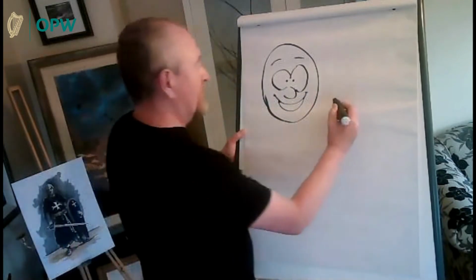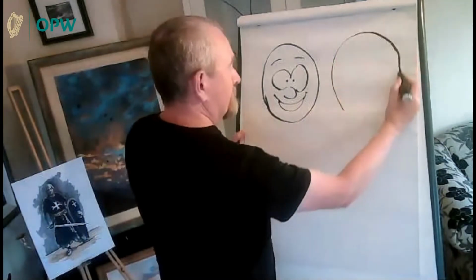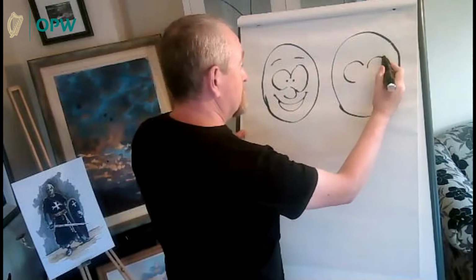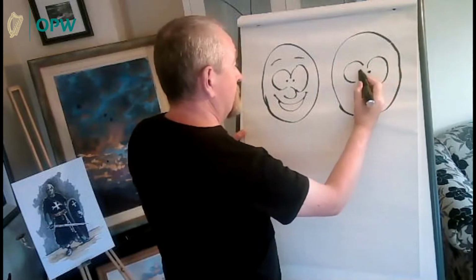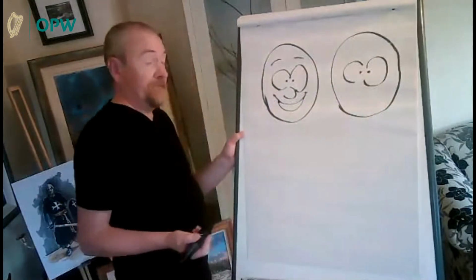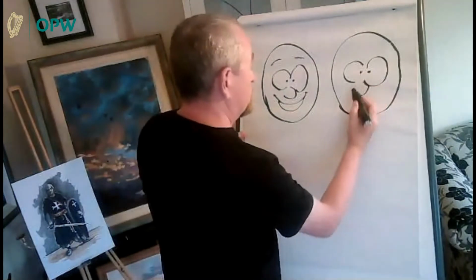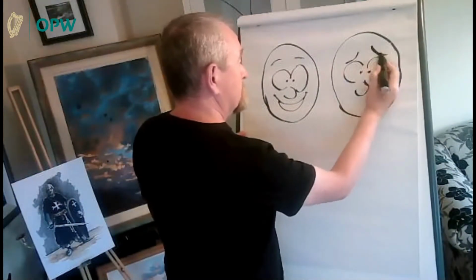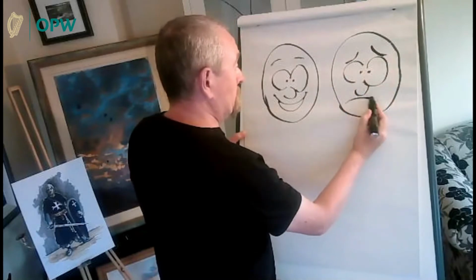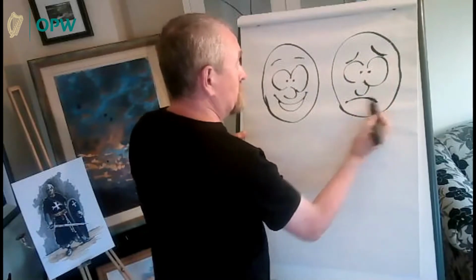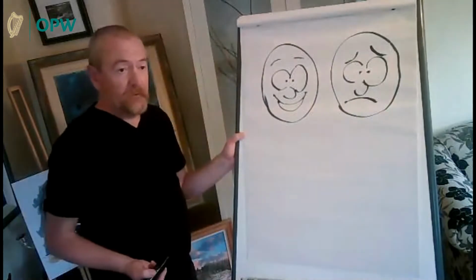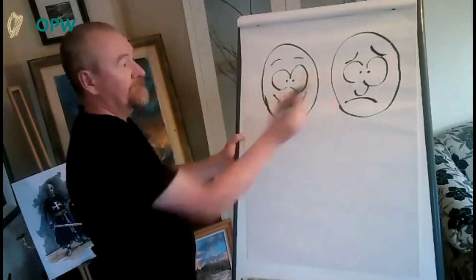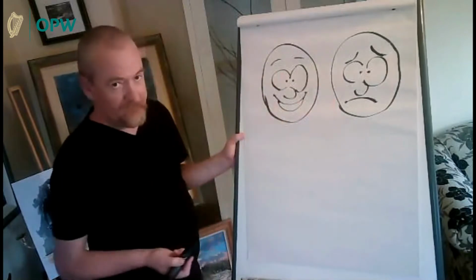And of course, then we have recognized through the world the opposite of that, which is turn that upside down. So if you want to try this, it's very easy. Egg shape, eyes, nose, happy, sad.